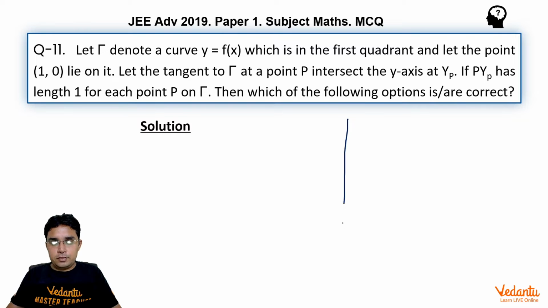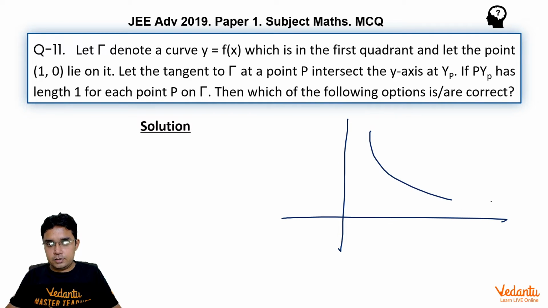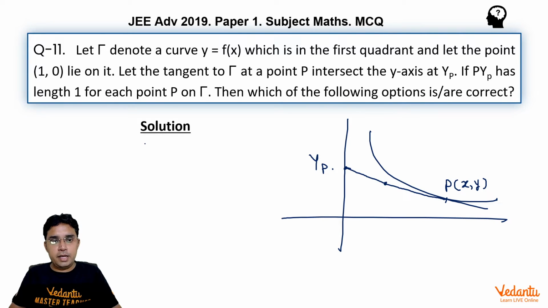So suppose we have a curve like this on which P is a point, say this is the tangent, and P is (x, y), which meets the y-axis at Yp. So the equation of tangent can be written as Y minus small y is equal to dy upon dx into (X minus small x).